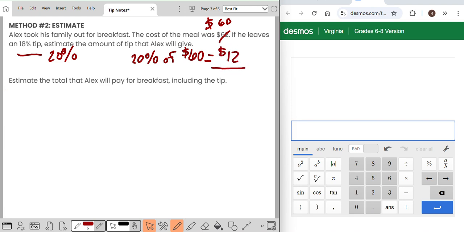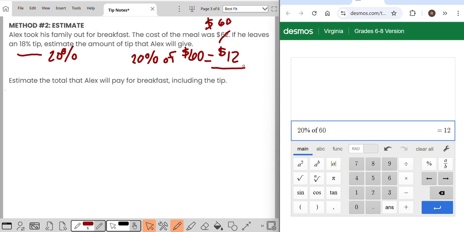So that's the estimate of our tip. So let me show you real quick in Desmos how we did that. We said 20% of 60 is 12, correct?